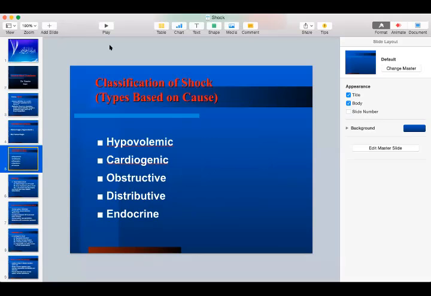These are the other classifications of shock based on their causes: hypovolemic shock, cardiogenic shock, obstructive shock, distributive shock, and endocrine shock. Okay, five main further classifications of shock besides hemorrhagic and non-hemorrhagic.